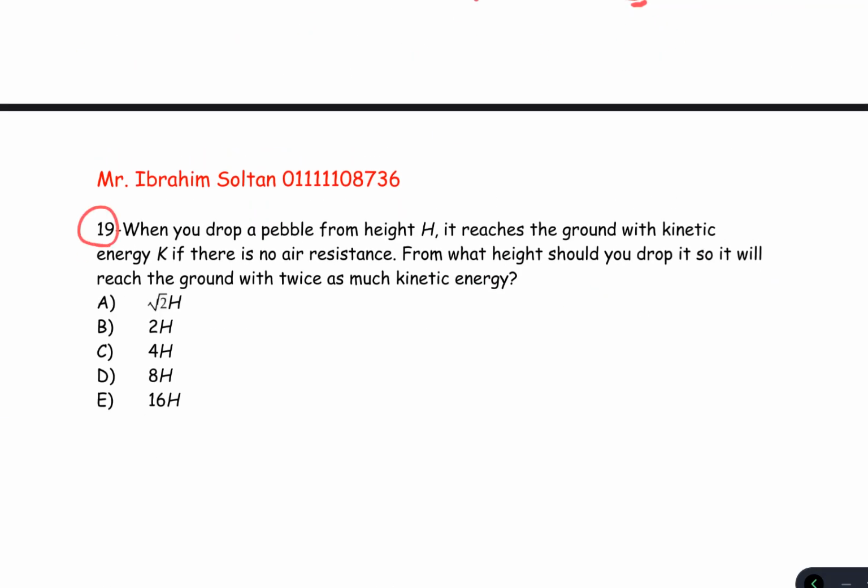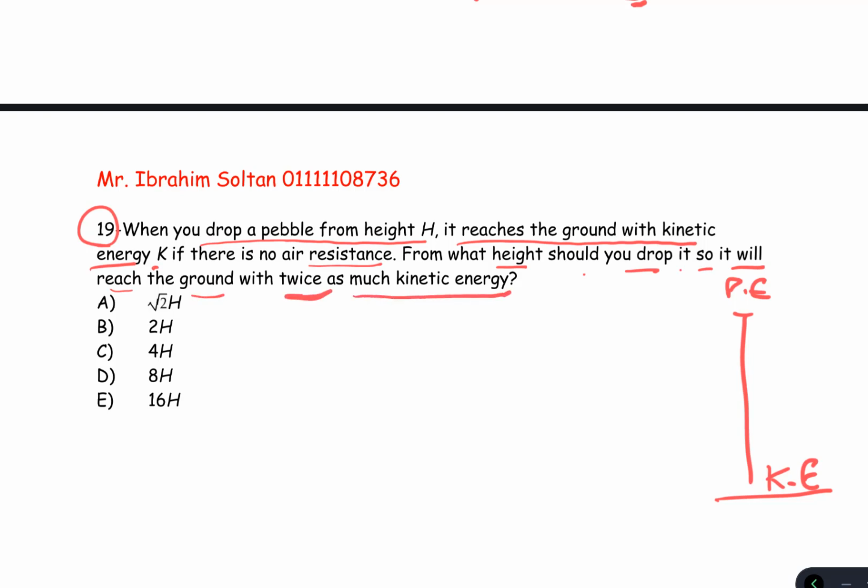Let's move to 19. When you drop a pebble from a height h, it reaches the ground with kinetic energy K. All the potential energy changes to kinetic energy just before touching the ground, if there is no resistance. From what height should you drop it so it will reach the ground with twice as much kinetic energy?